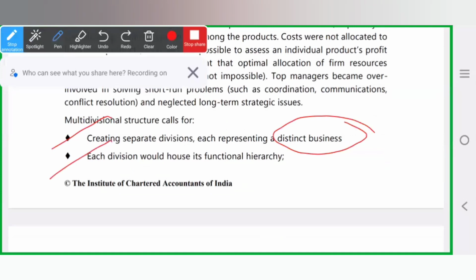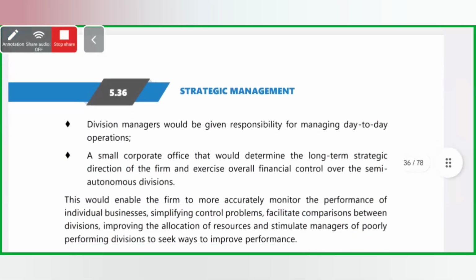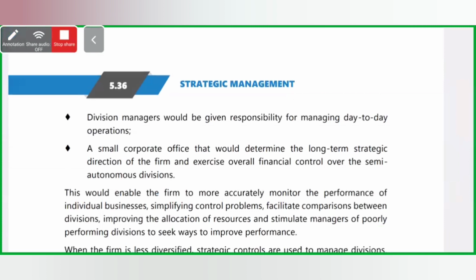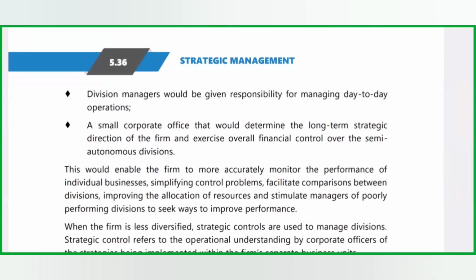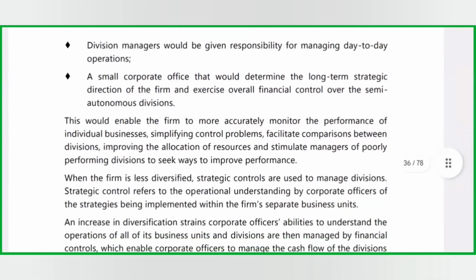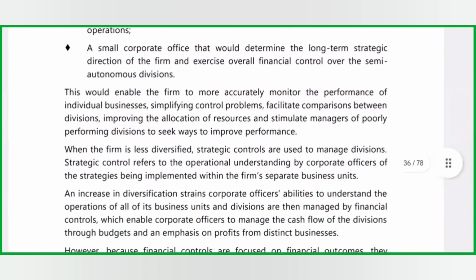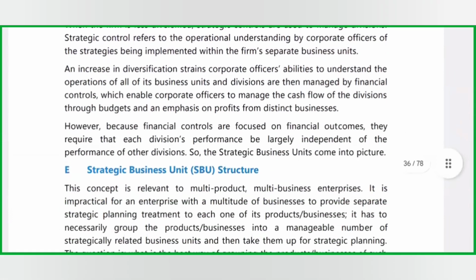Each division would house its functional hierarchy. Division managers would be given responsibility for managing day-to-day operations. A small corporate office would determine the long-term strategic direction of the firm and exercise overall financial control over the semi-autonomous divisions, which is one of the distinct features of the M form of structure.